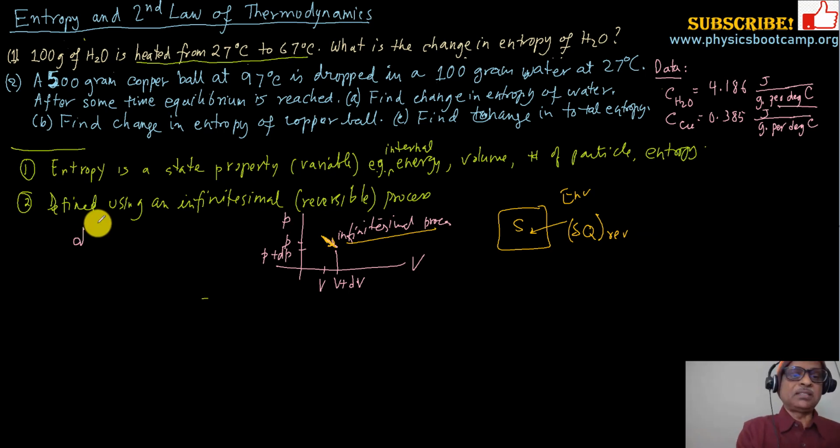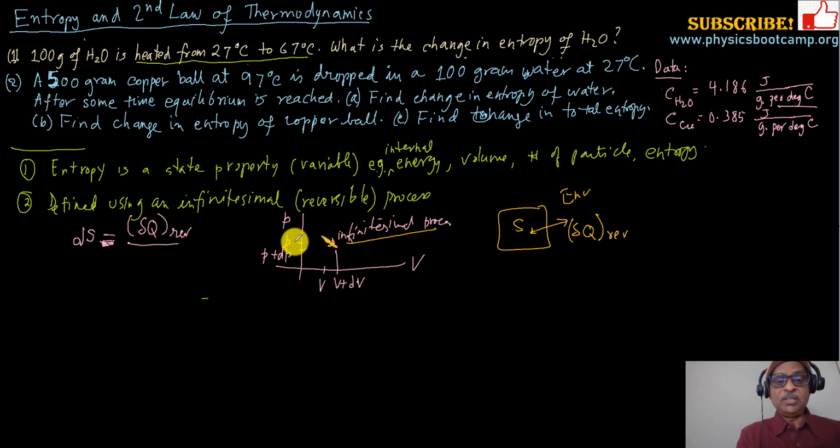So dS for this process is defined, we just call it one equation, its definition: how much heat went into the system or out of the system, delta Q, divided by T. If the process is not reversible, then I have to imagine a change that is reversible for it to be definable.